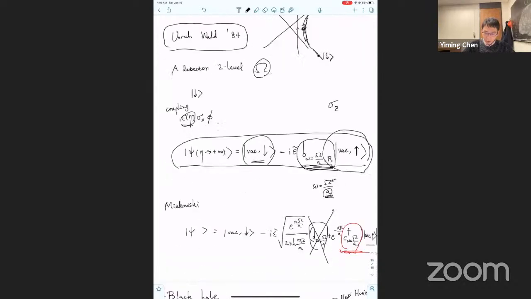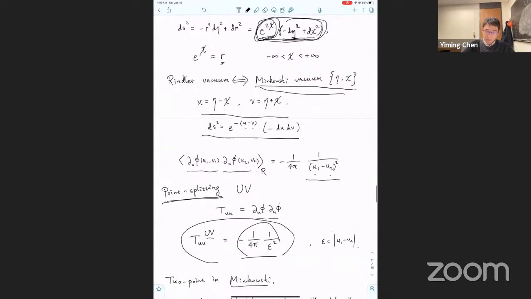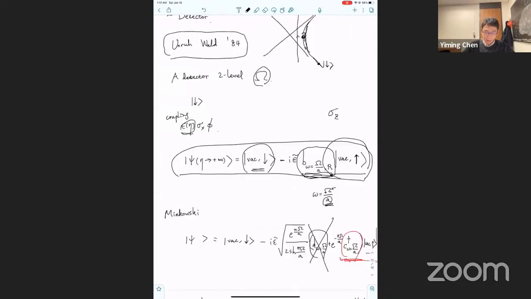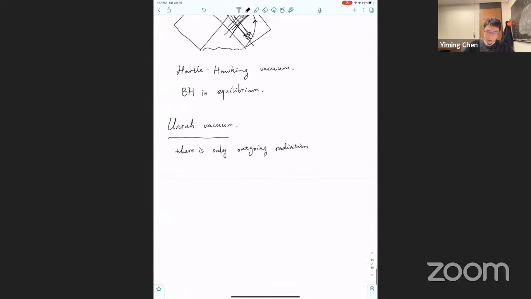Okay, so interesting. Let me use this toy example of a massless scalar field in 2 dimensions to illustrate one important property of the Unruh vacuum that people usually talk about, which is that the Unruh vacuum is singular on the past event horizon.